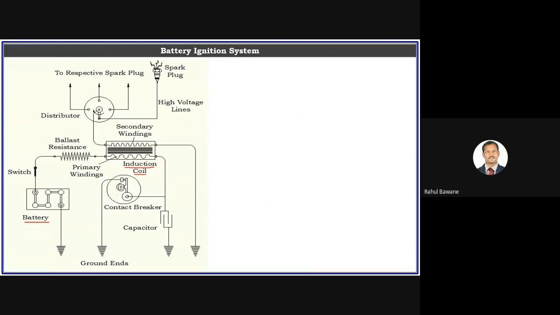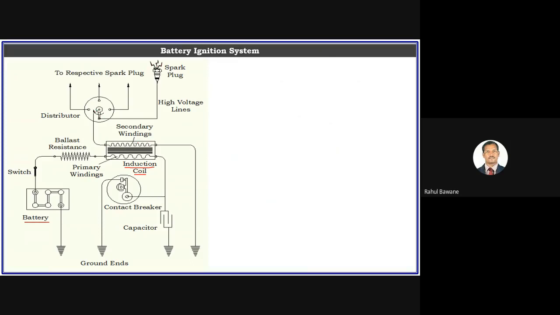Then there is a distributor. If there is a multi-cylinder engine, suppose cylinders 1, 2, 3, 4, we have to supply the spark voltage to the respective spark plug. For that there is a distributor.